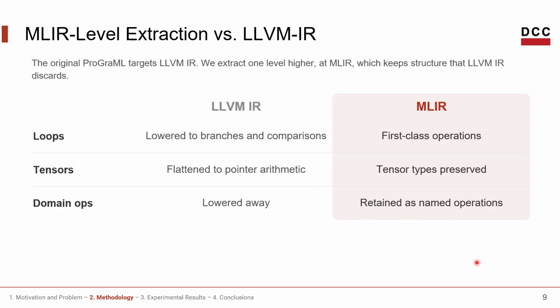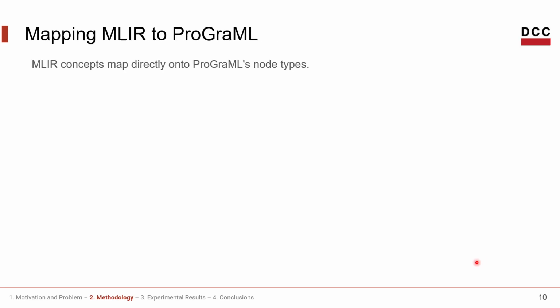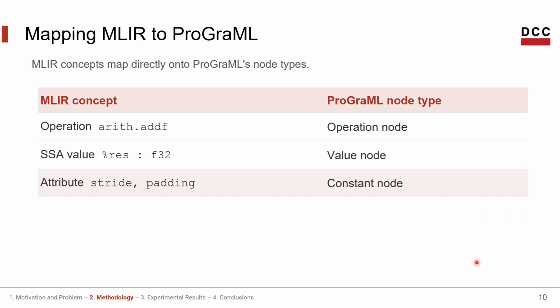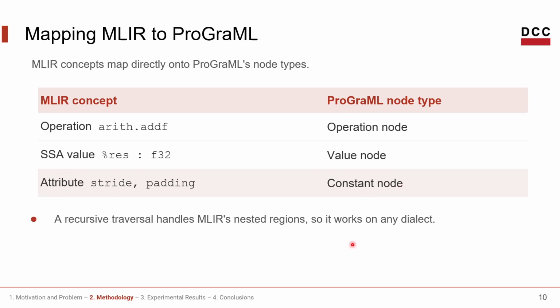Now, I just have a quick table here basically showing how some MLIR concepts map to ProGraML. So basically an operation in MLIR becomes an operation node or an instruction node in ProGraML. An SSA value becomes a value node, and an attribute, an operation attribute, becomes a constant node.